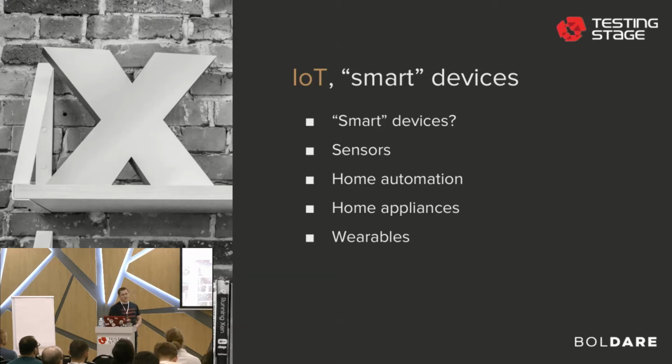So smartphones, I think everyone has got a smartphone currently. Sensors, a huge group of, for example, industrial ones, or basic devices like thermometers or weather stations that we can use at homes. Home automation, another group of devices, from intelligent, at least by name, lighting systems to surveillance systems.